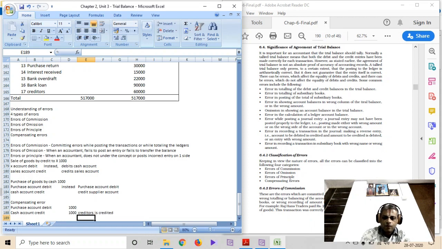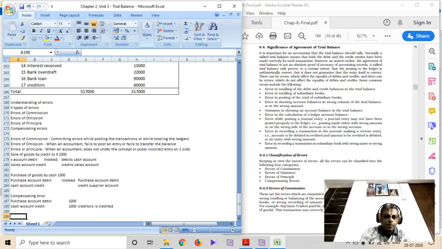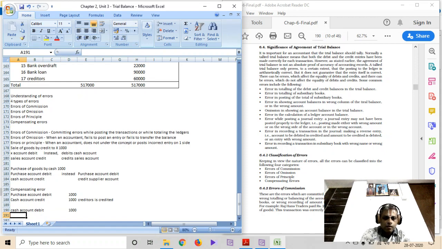And similarly, in the other example, sales: cash account debit 1,000, sales account credit 1,000. Instead of posting cash, it is entered as 0. So there is an incorrect credit that is coming in, and there is an incorrect debit that is coming in.